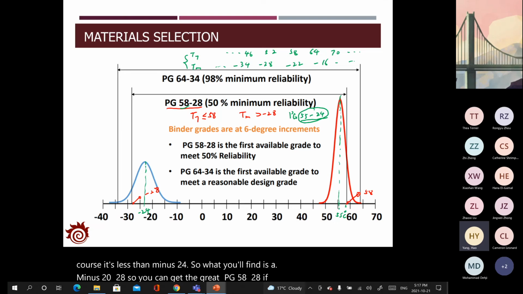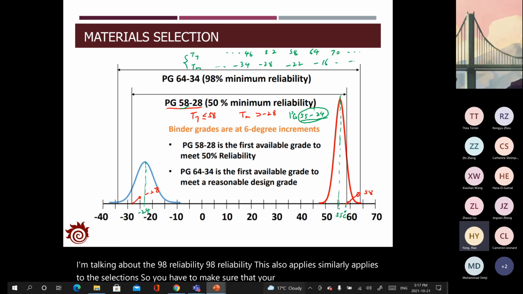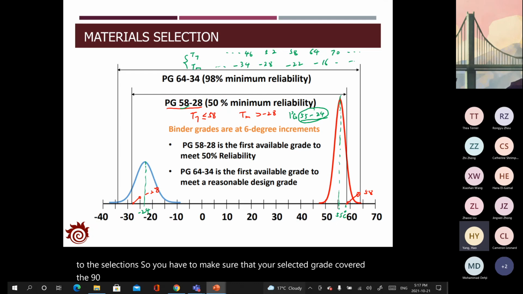If we are talking about the 98% reliability, this similarly applies to the selections. So you have to make sure that your selected grade covers the 98 percentage maximum temperature and minimum temperature.